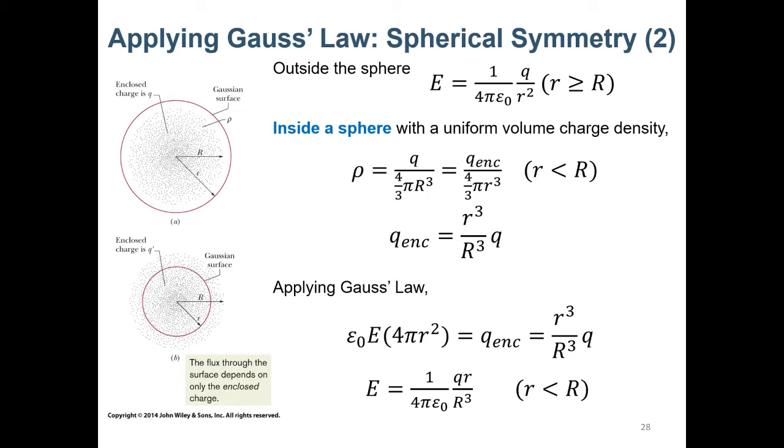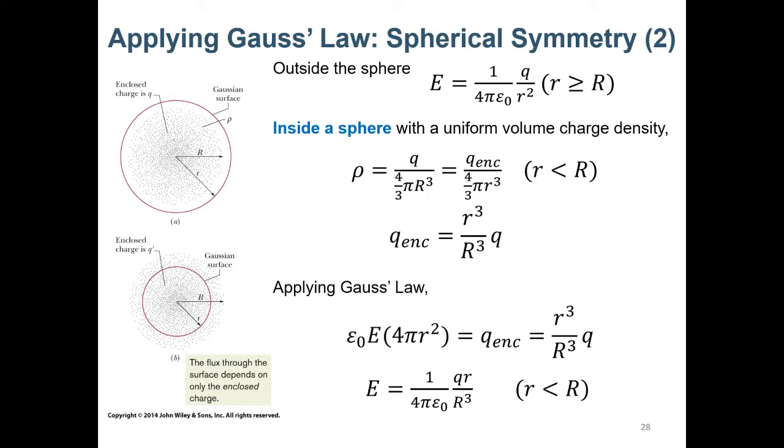So the total charge is Q, and it turns out to be the familiar expression. We have seen it many times. E is k times Q over r squared for small r larger than capital R.